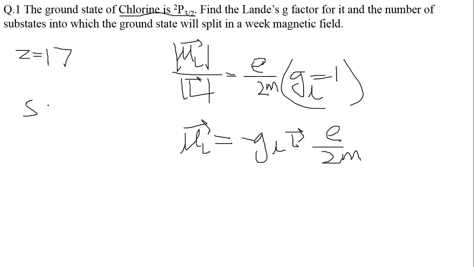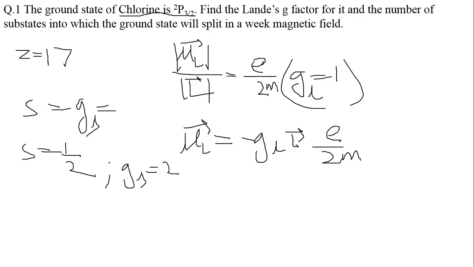Similarly, if we consider spin, then we have g_S, which is the gyromagnetic ratio for spin, and since the electron has S half, for electron we have g_S equals 2.